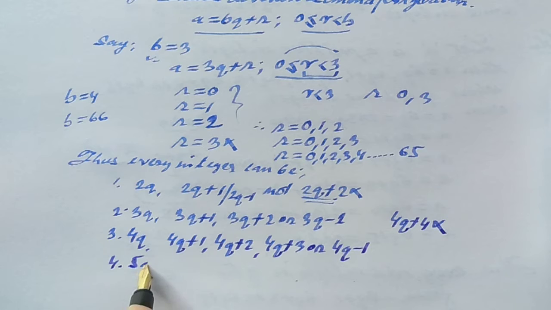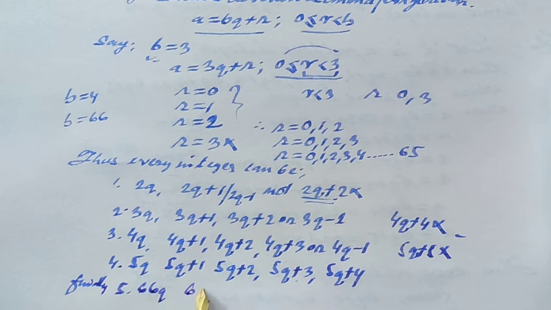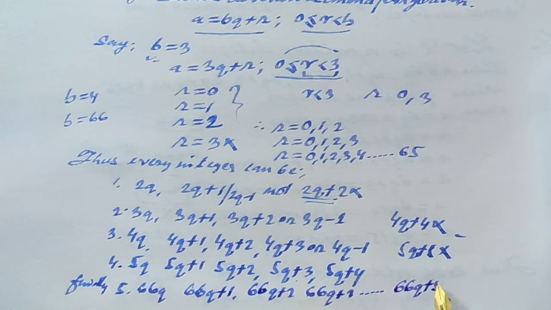Okay, now let us come to 5q plus 1, 5q plus 2, 5q plus 3 and 5q plus 4. However, 5q plus 5 is not possible, like 4q plus 4 before. So finally let us see another format. We can even write 66q plus 1, 66q plus 2, 66q plus 3 and so on, up to 66q plus 65.